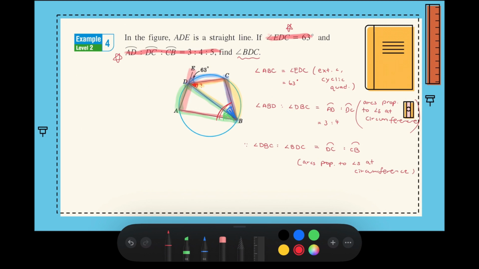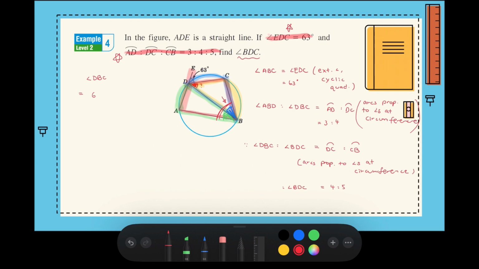Okay, so we know that the arc length DC to CB is 4 to 5. And angle BDC is the one you want to find, but what is the angle DBC?